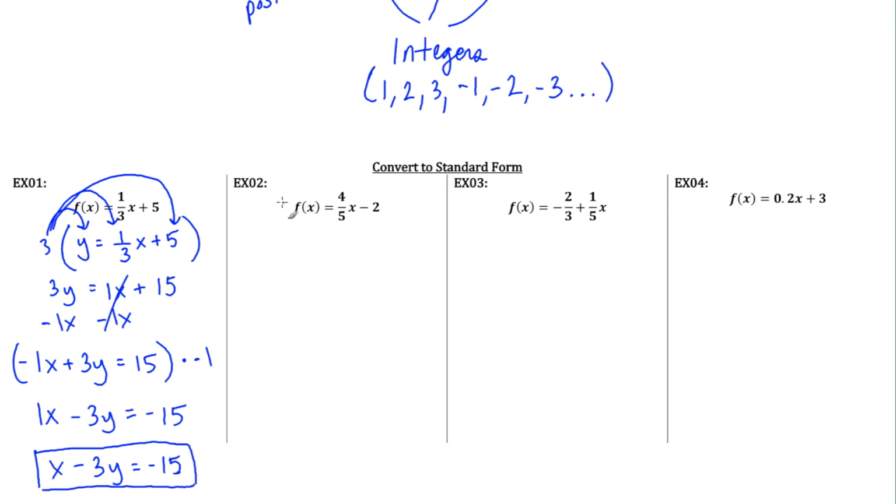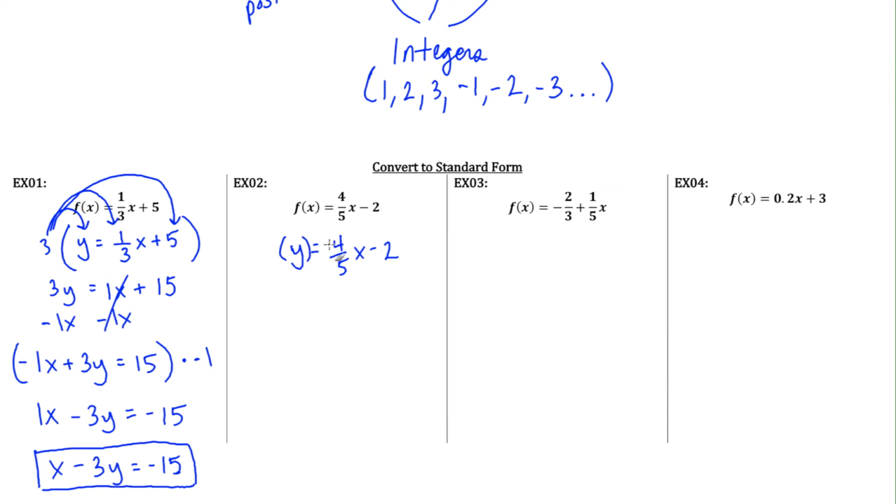All right, let's look at example number 2. So f of x equals 4 over 5x minus 2. I'm going to write that as y equals 4 over 5x minus 2. I need to get rid of this 5, or this fraction, so I'm going to multiply both sides by 5.